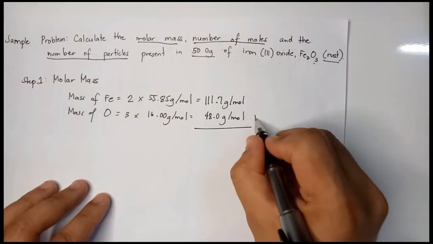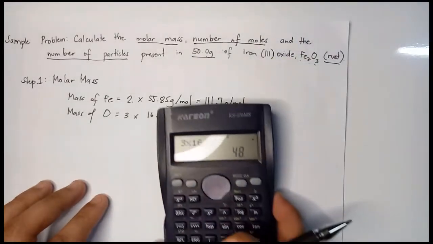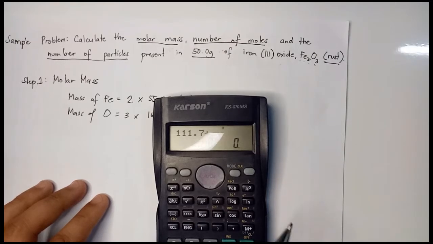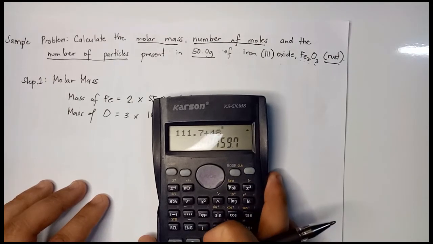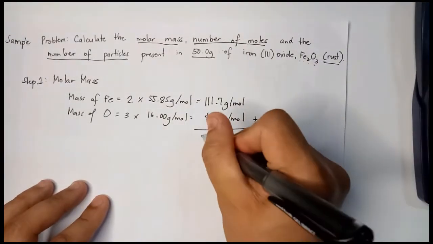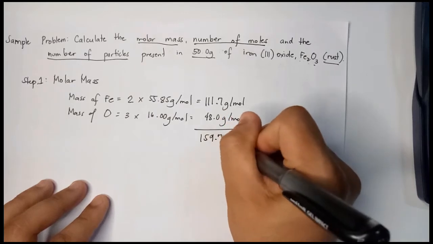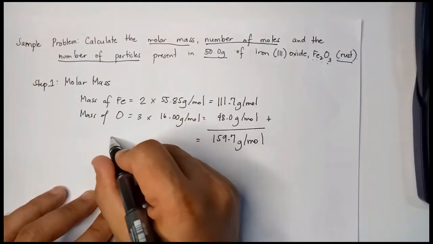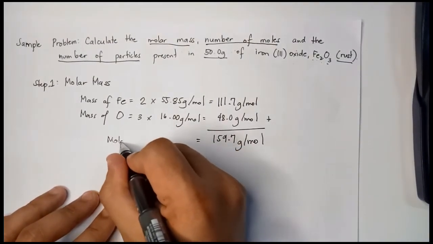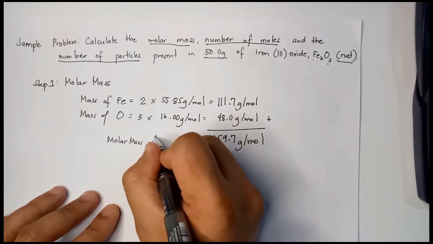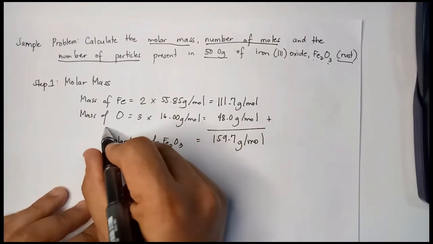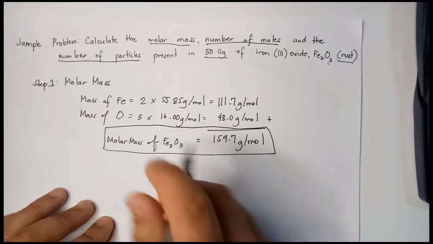Gamit tayo ng calculator, 111.7 plus 48 is equal to 159.7. So, we have 159.7 gram per mole. Meaning, meron na tayong molar mass of iron oxide o ng rust. Nakalculate na natin.